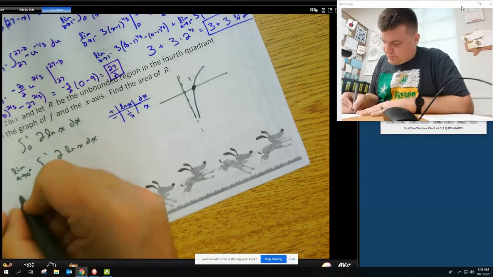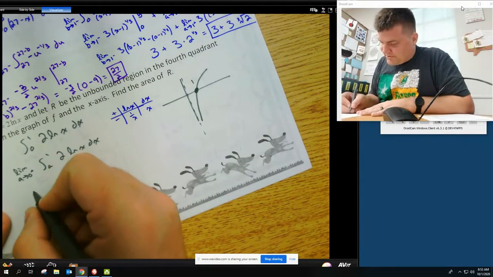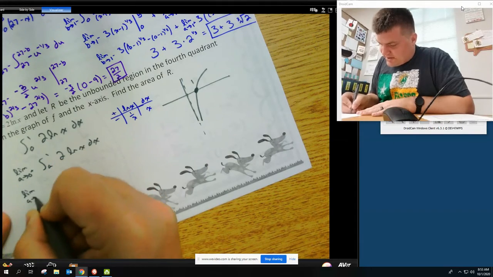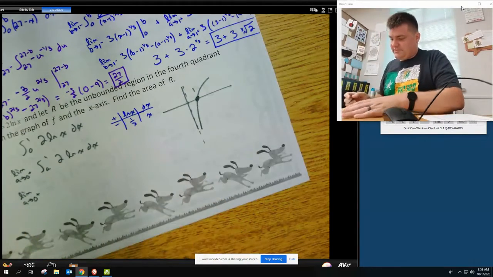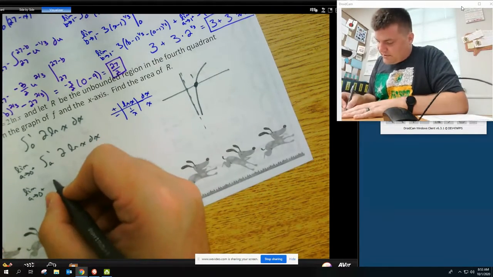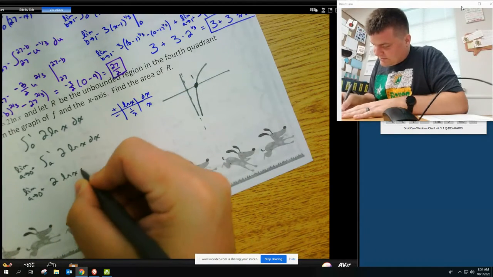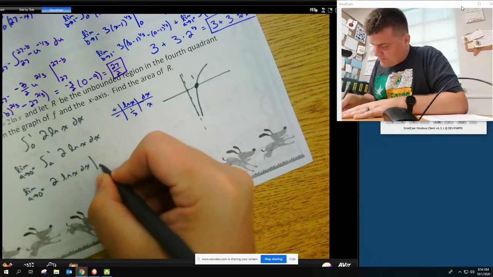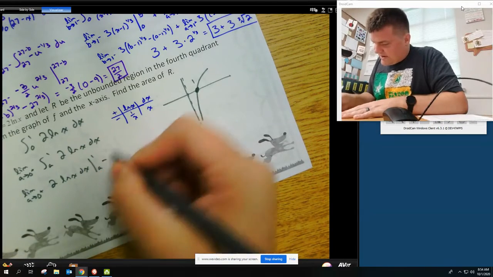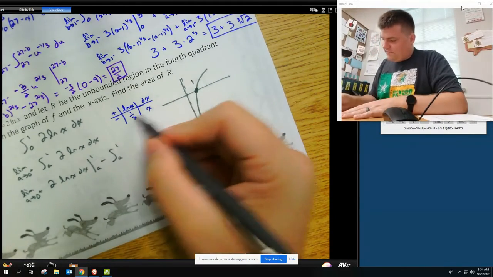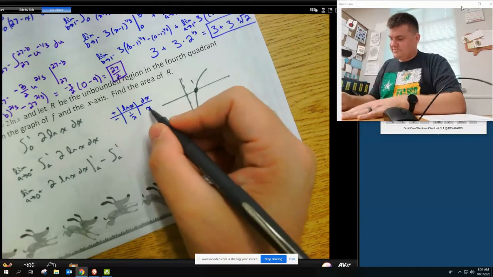So I'm going to be totally good. This is going to equal, I'm going to pull that 2 out in front so I don't have any issues. So it's going to be the limit as a approaches 0 from the right of 2 ln of x, evaluated from a to 1, minus the integral from a to 1 of 1 over x times x, which is 1.